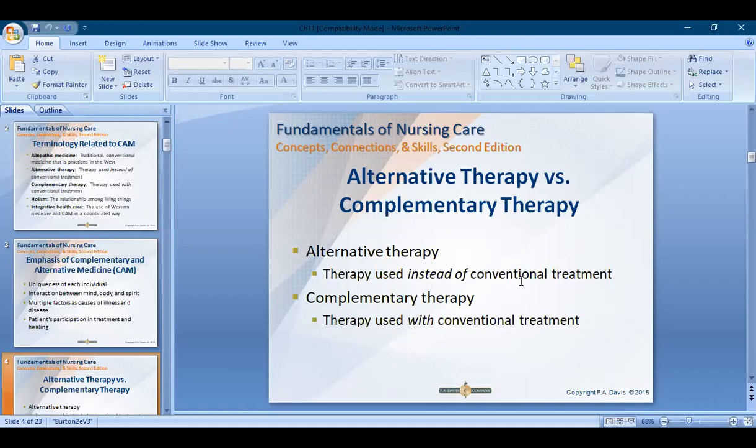Conventional therapy means the therapy we usually use for the patient, the conservative therapy for any kind of sickness, what we usually have to do. Complementary therapy is therapy used with, but alternative therapy means therapy used instead of.